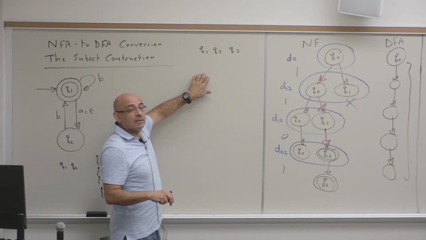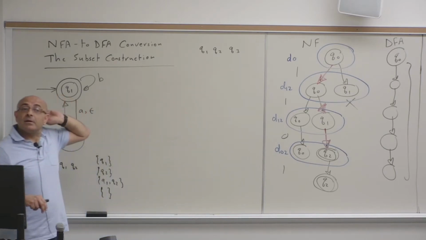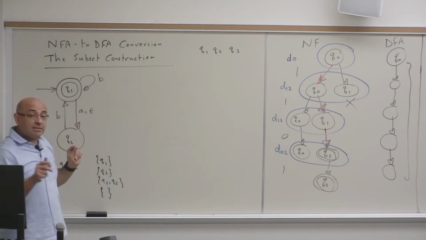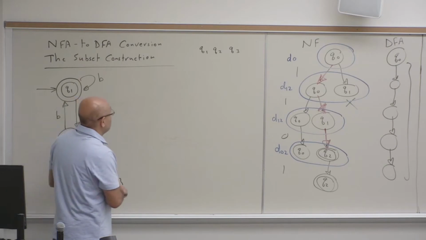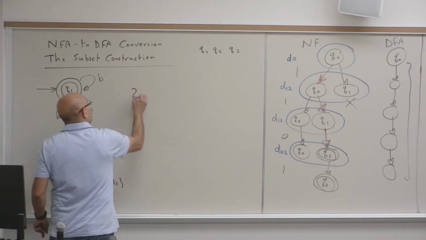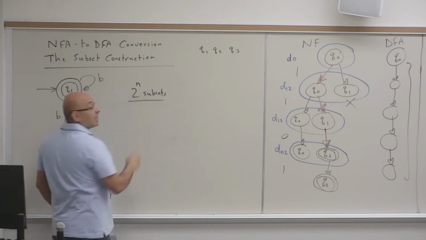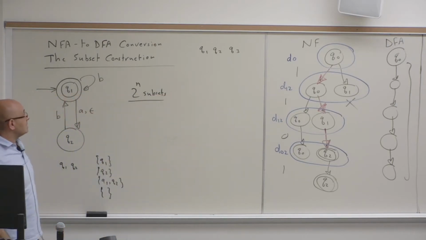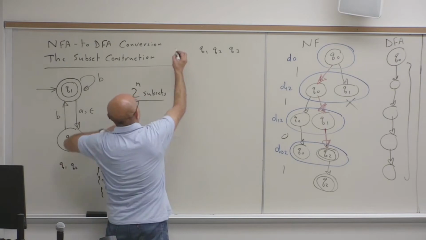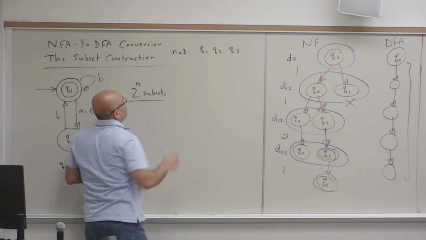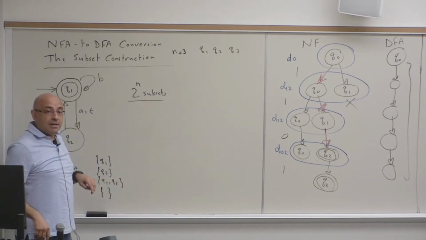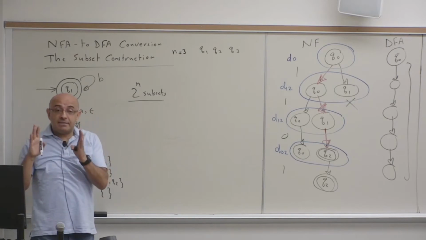Yeah, 2 to the power n. If you have a set of size n, then you have 2 to the power n subsets. So for n equals 3, you will have 8 subsets.